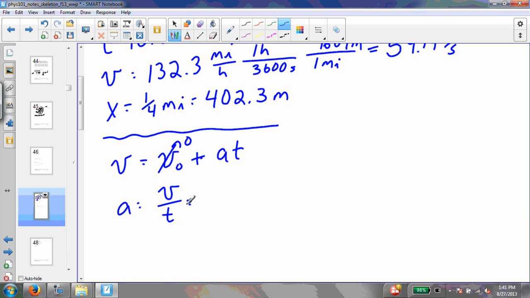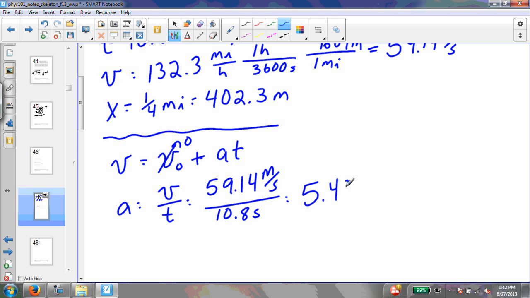So my acceleration is v over t. That's my final velocity, which was 59.14 meters per second, divided by my time, which is 10.8 seconds. Now let's look at our units. We get meters per second squared, which is appropriate. And I get 5.48 meters per second squared.